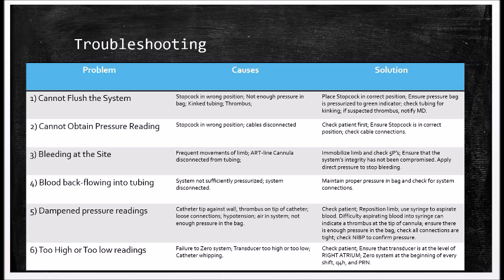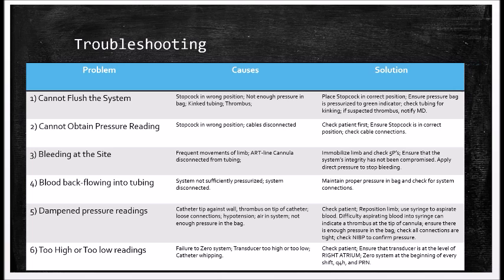Ensure that the bag has enough pressure; all those pressure bags have a green indicator that will tell you when there's enough pressure in the bag, so make sure it falls on the green part. Check your tubing for any kinking, and if you suspect any thrombus in the line, it's always good to notify the doctor.